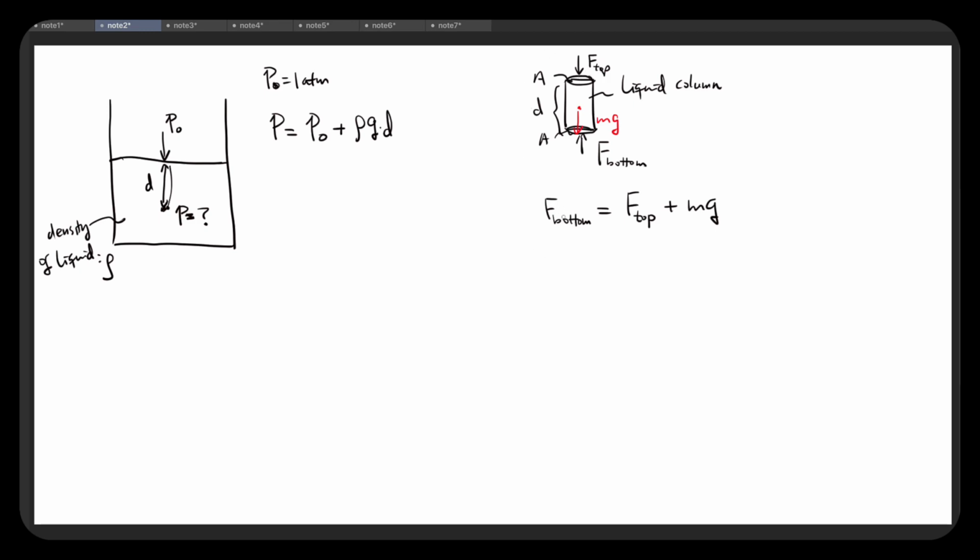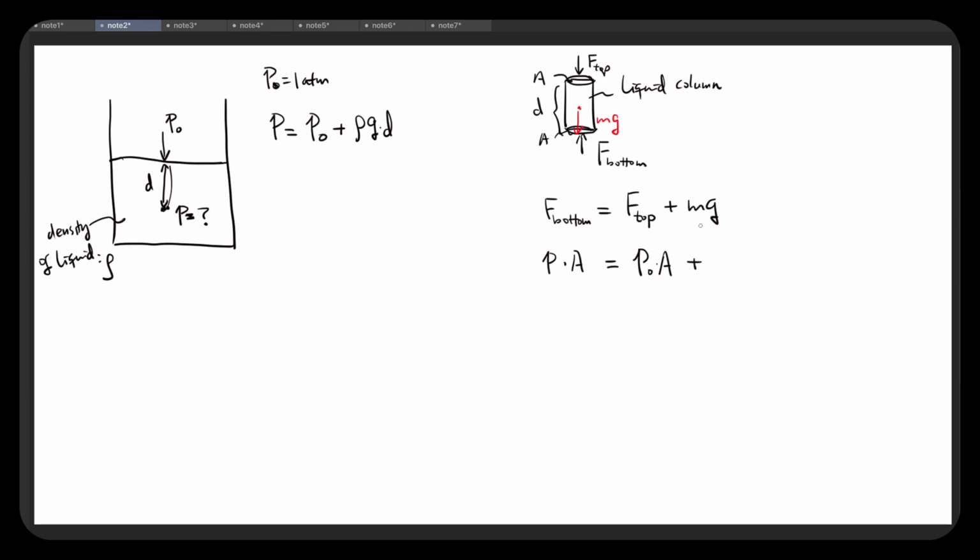Now F bottom is, according to this diagram, the pressure P at the bottom times area A, and it equals, at the top, P naught times A plus gravity.